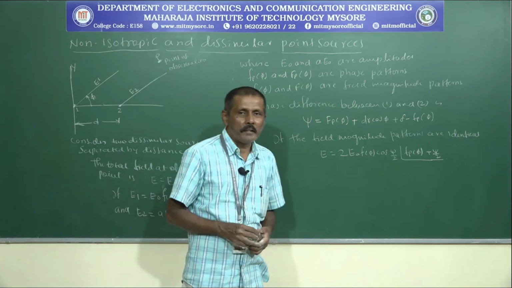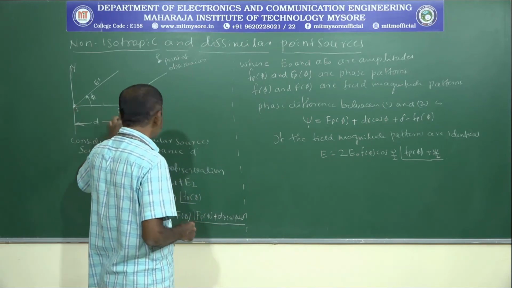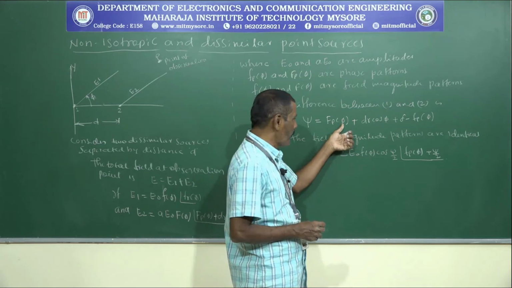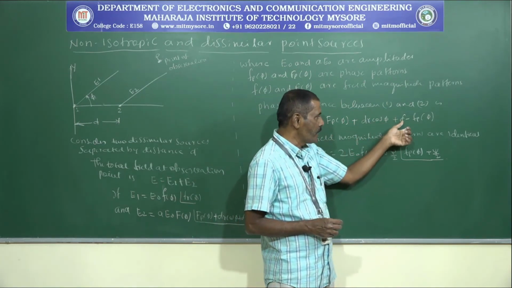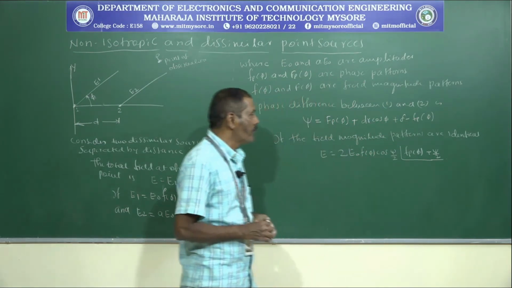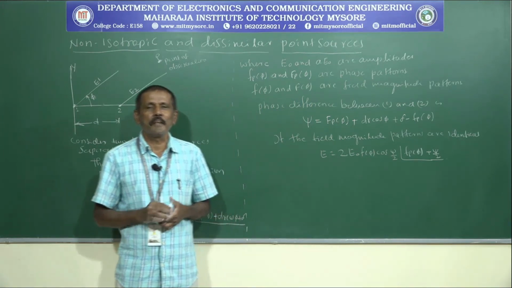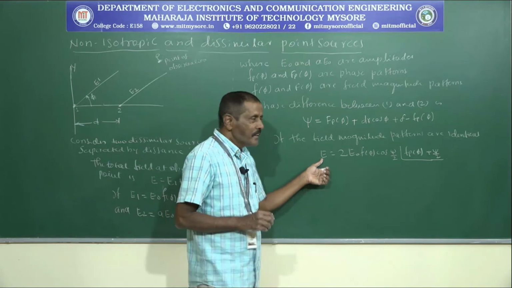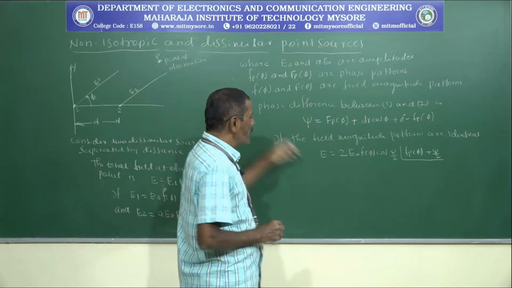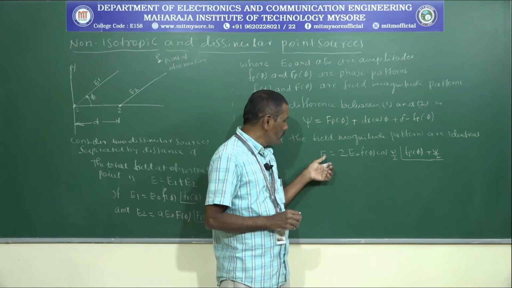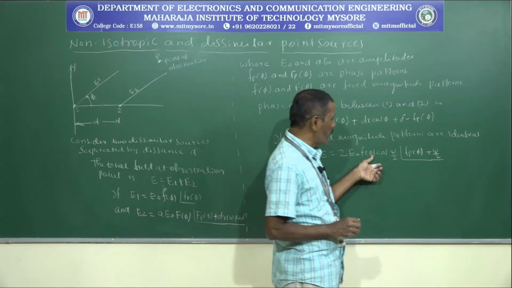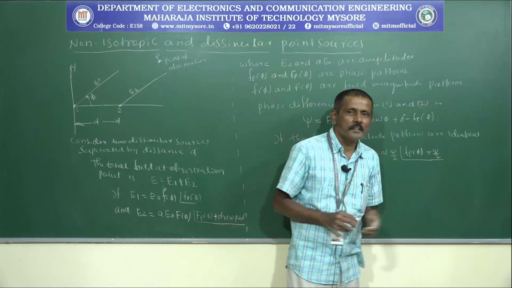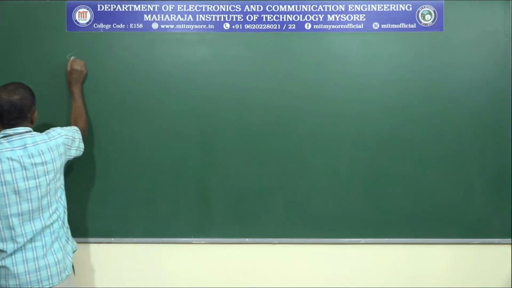And the phase difference between 1 and 2 is psi equal to FE2 of phi plus dr cos phi plus delta minus FE1 of phi. If the field magnitude patterns are identical, then the resultant field E is equal to 2E0 f of phi cos of psi by 2 at an angle of FE1 of phi plus psi by 2.